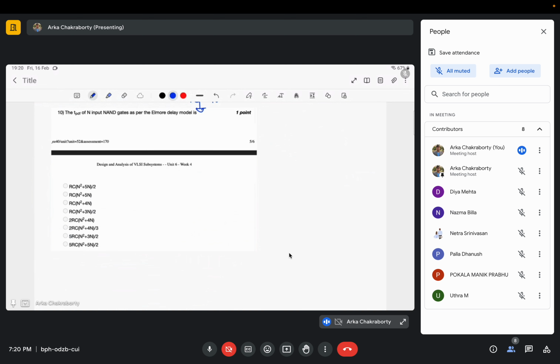Okay, so let me draw an n input NAND gate for you, a NAND gate with n inputs. Let's make this question a little more interactive.